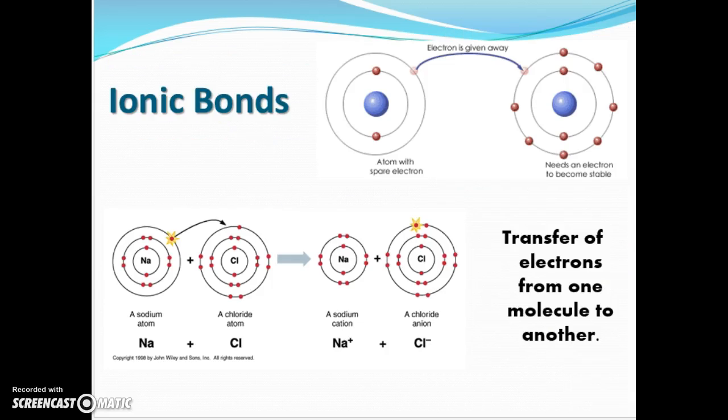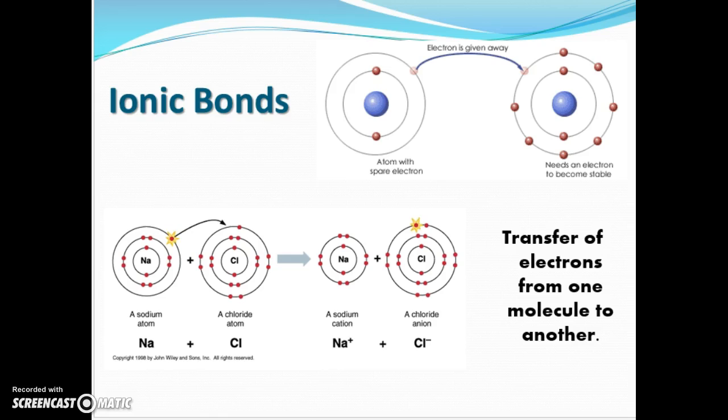Now, when we don't have that sharing of electrons, we actually have ionic bonds. And so in terms of ionic bonds, we have one atom stealing the electrons from another. So a bond is made because there's still now this attraction between a positive and a negative atom.